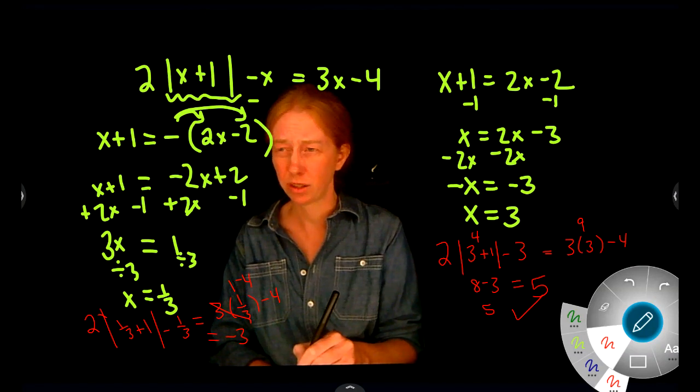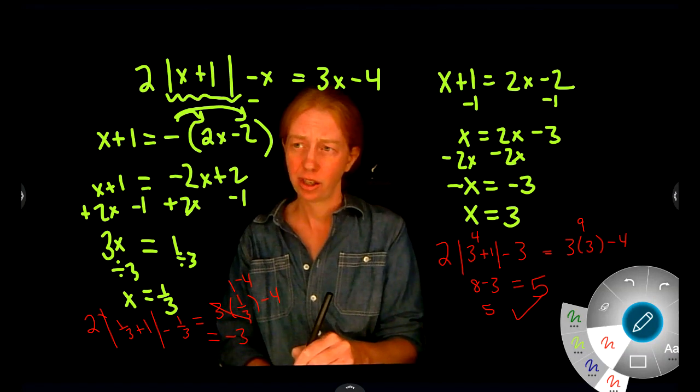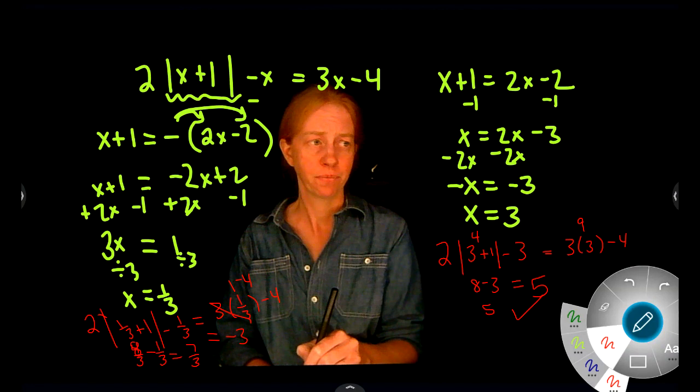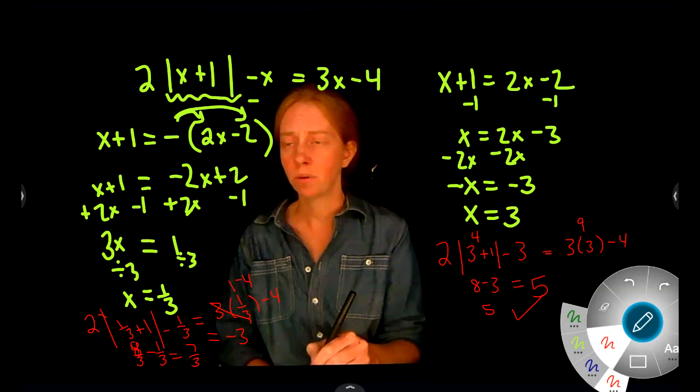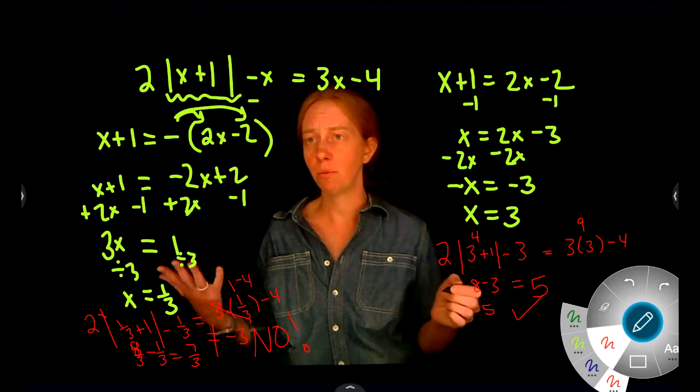So 1/3 plus 1, I'll make that 4/3. So then this is 2 times that, that's 8/3. And 8/3 minus 1/3 is 7/3. 7/3 does not equal negative 3. No. So that's actually false, and that's not one of our solutions.